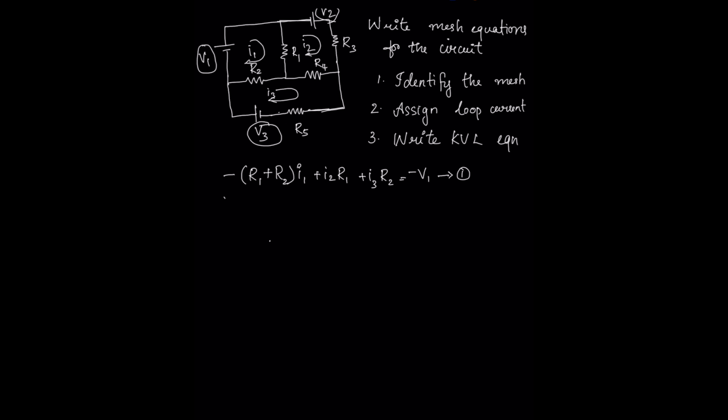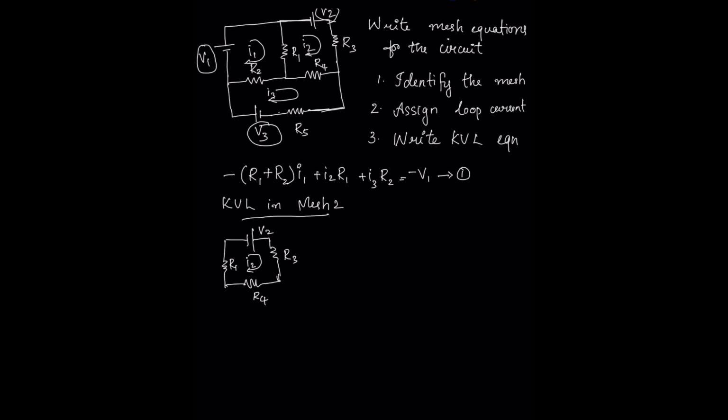Let's move to the second equation. Applying KVL in mesh 2. In mesh 2 we have a voltage source, then resistance R3, R4, R1, and we have V2, and our current is going like this, I2.